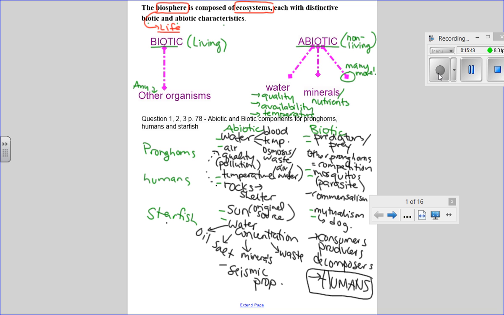And it's not because we're part of their natural food chain or we live in their habitat. It's because we do things like hunt them and develop on land that they are supposed to be living on. We pollute the air, which hurts organisms that live thousands of kilometers away from where we're doing the polluting. So humans, we are living, so we are definitely a biotic factor, but we cause changes in a lot of the abiotic factors of an organism's environment.